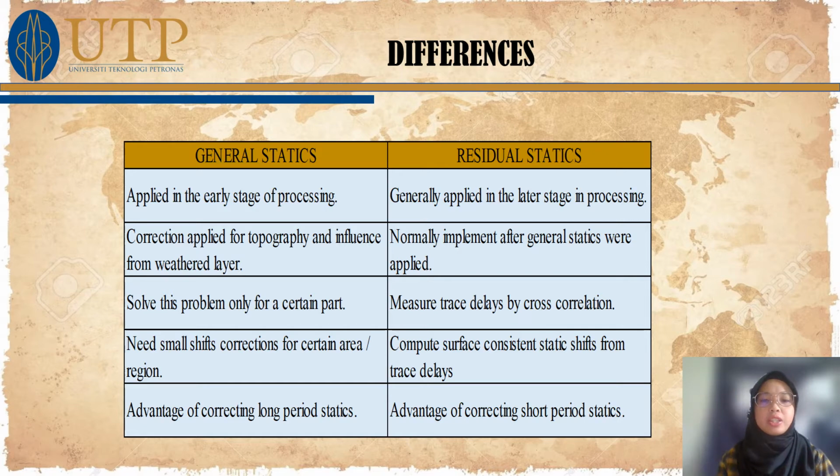Meanwhile, residual statics is normally implemented after general statics were applied. Besides, general statics solves the problem only for a certain part. Meanwhile, residual statics measures trace delays by cross correlations. General statics needs small shift corrections for certain areas or regions.